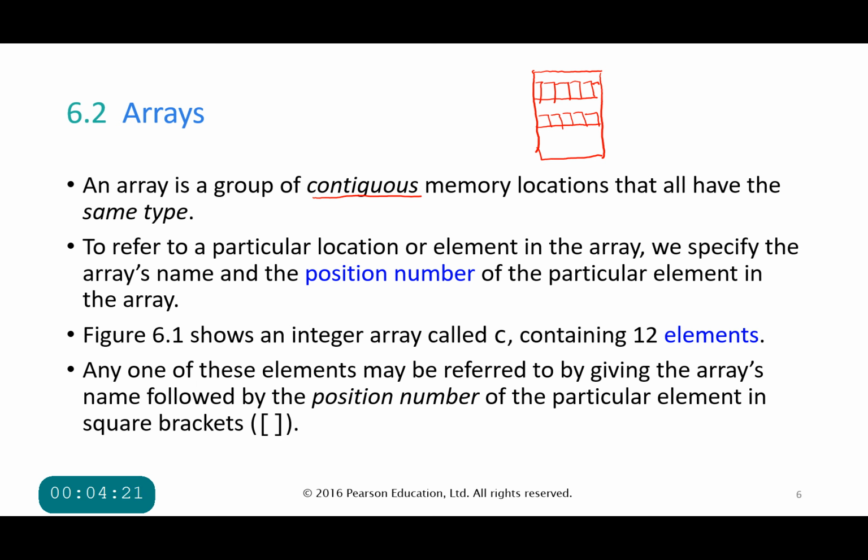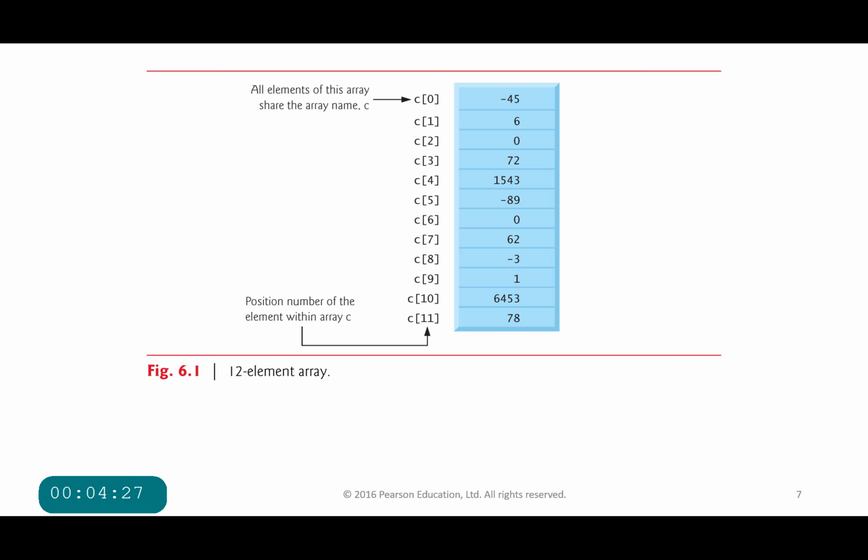So let's look at a very brief example, which is shown on the next slide in figure 6.1, where what we have is an integer array, because this stores integer values, right? Minus 45, 6, 0, 72, 15, 43, no decimal values. So this is an integer array of size 12.